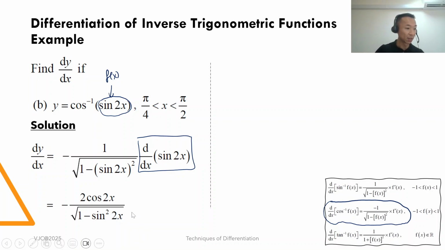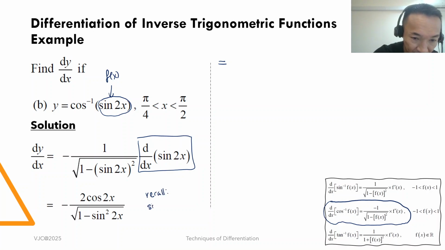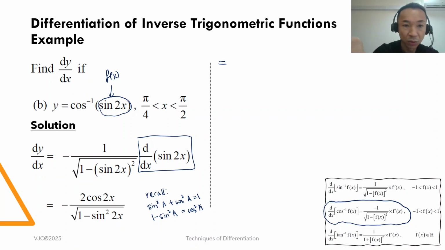But let us recall the identity sine square A plus cos square A equals 1, which means that 1 minus sine square A is actually cosine square A. Therefore you have negative 2 cosine 2x divided by square root of cosine square 2x.